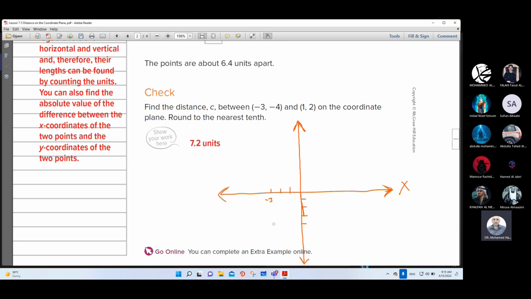So the point will be here. And the second point, 1 and 2. This is 1, this is 2, this is the second point. Then connect them, then continue to get a right triangle.